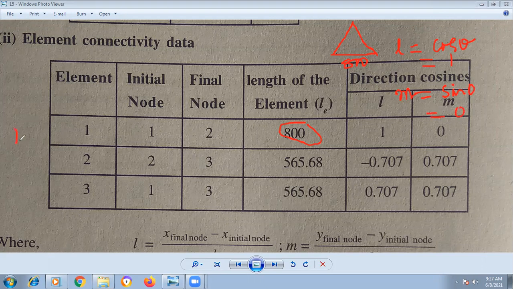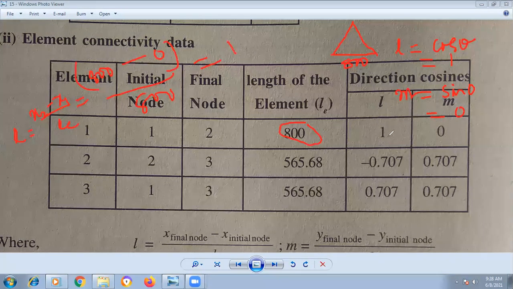Now, L, I can find it by direction cosines also. That is x2 minus x1. You see what happens if I find by x2 minus x1 divided by LE, whether it will be same. What is x2? Node 2, 800 minus 0 divided by 800. This will obviously be equal to 1.